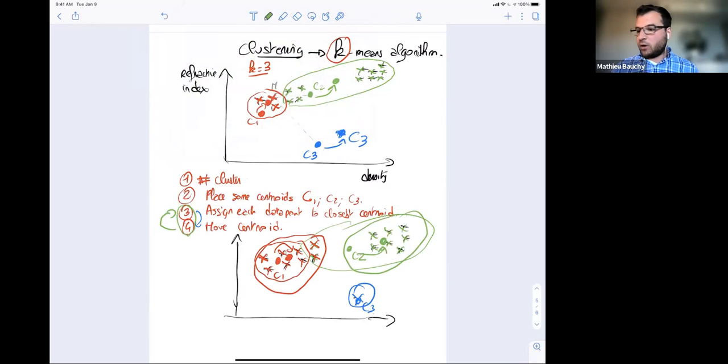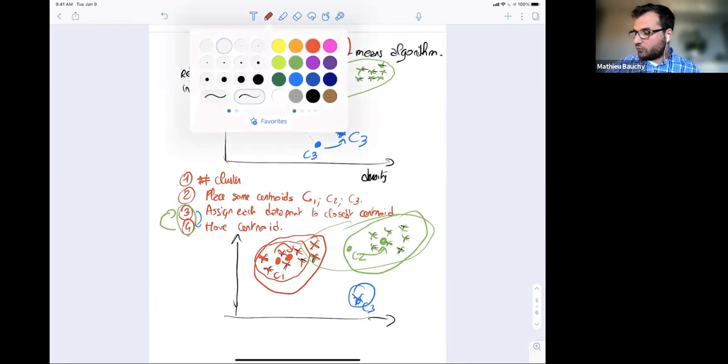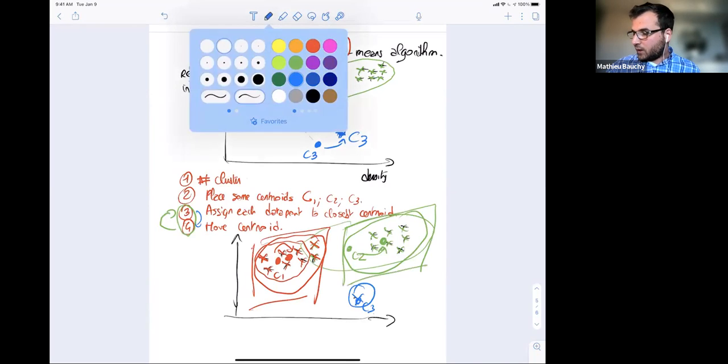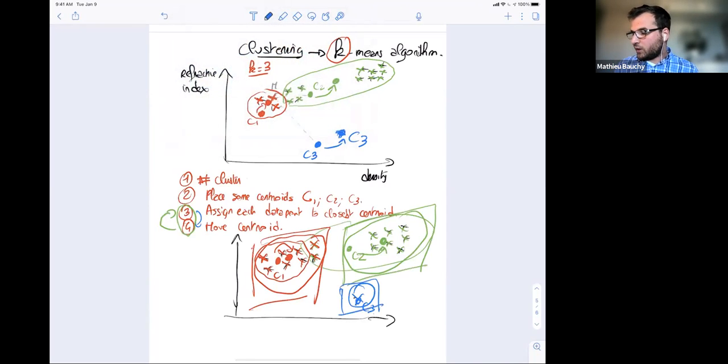And you will do that until the centroids are not moving anymore. At some point, you will reach a step where all of those red data points are one cluster with one centroid, and all the green data points are one group with each other, and all the blue data points are also one group. And once you have this, the centroid will not move anymore.